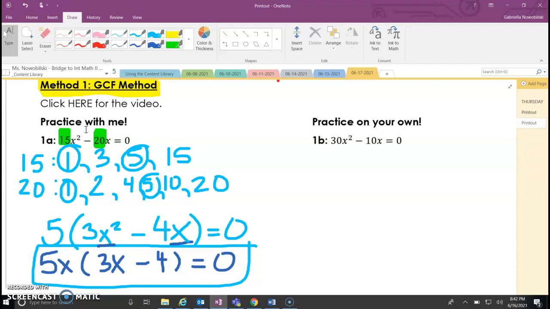But what I want you to do now is pause the screen, and I want you to try 1B. I want you to pause the screen because I'm going to start writing the solution, and I want you to get a chance to try it on your own before I write down the answer. So I'm going to just stop talking for a few seconds here so you can pause your screen.